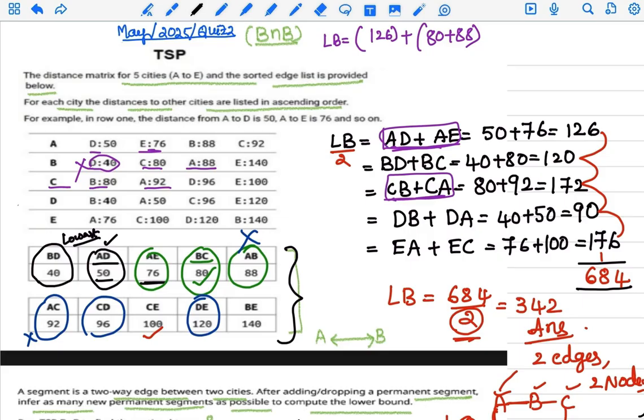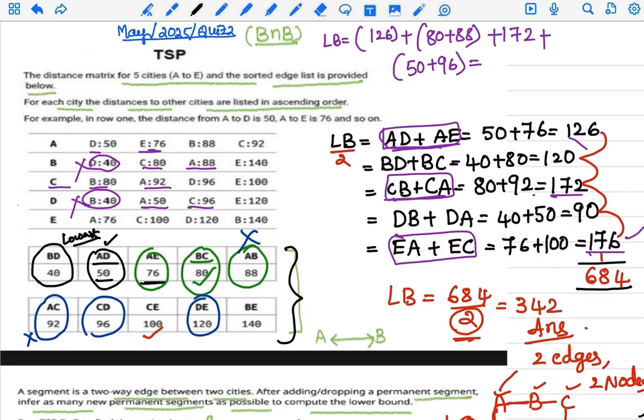That is 80 plus 92, 172 plus 172 plus from D, BD is not added, right? So DA plus DC, 50 plus 96. So next E is also common, 176, this value 176 plus.